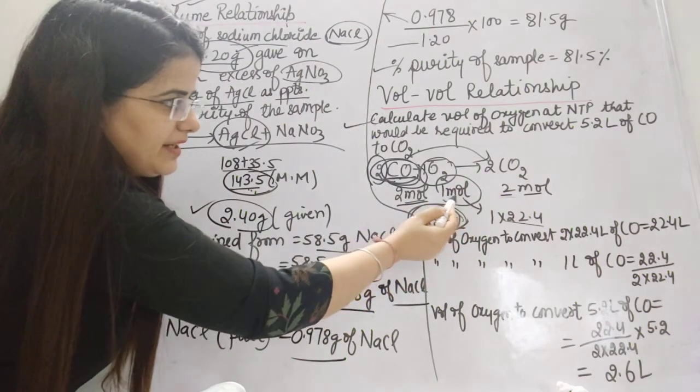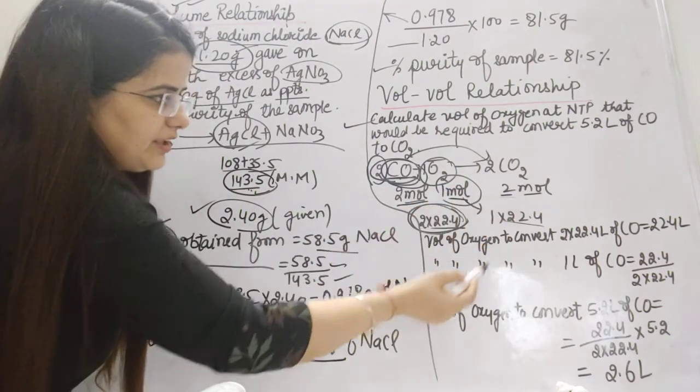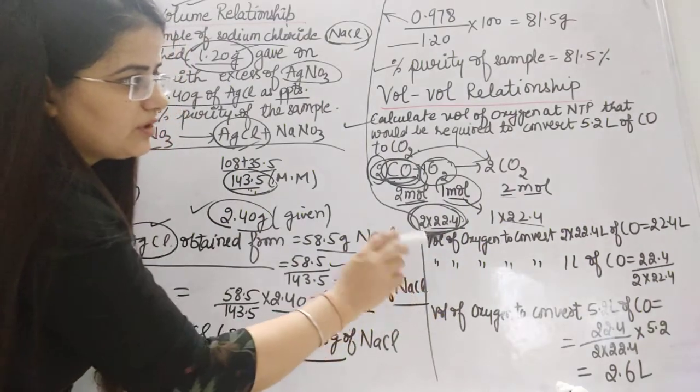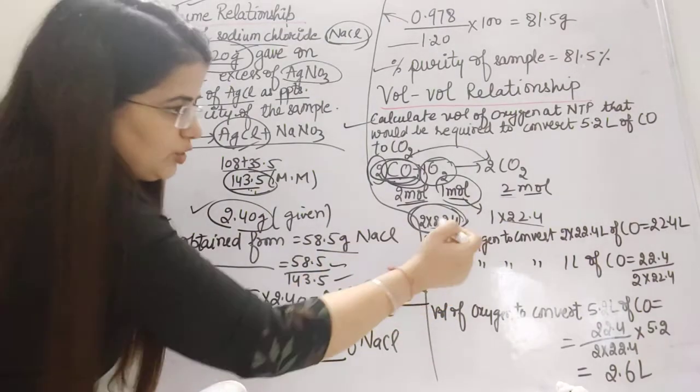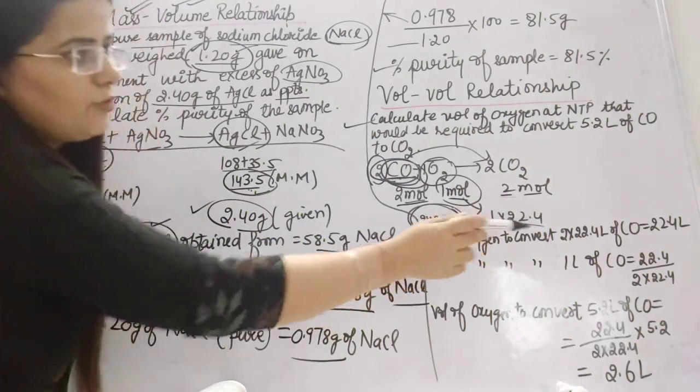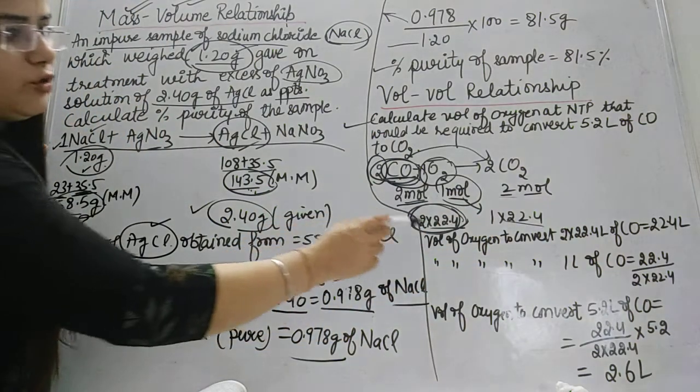You are just comparing here 1 mole with 22.4 liter. Then the volume of oxygen to convert 1 liter, by the unitary method, is 22.4 upon 2 into 22.4.